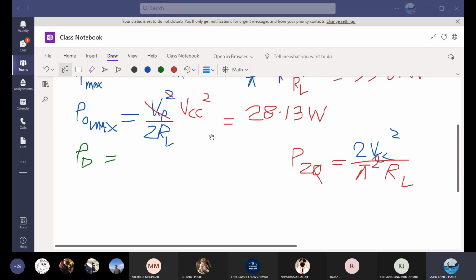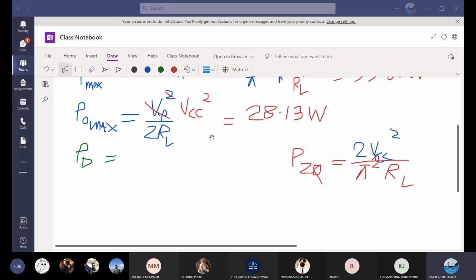So what's the value then? 2 times 30 square, 900 times 2, 1800 divided by 16 divided by pi. Am I doing the right thing? Pi square. Oh, okay, not pi. 1800 divided by 16 divided by pi squared. 2 transistor dissipation is about 11.4 watts.